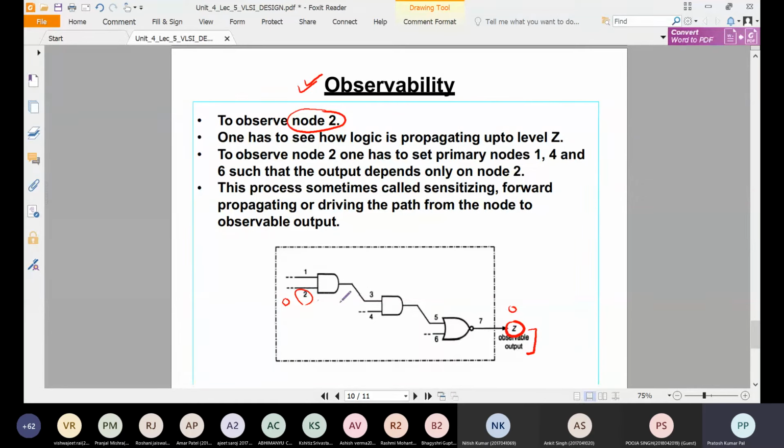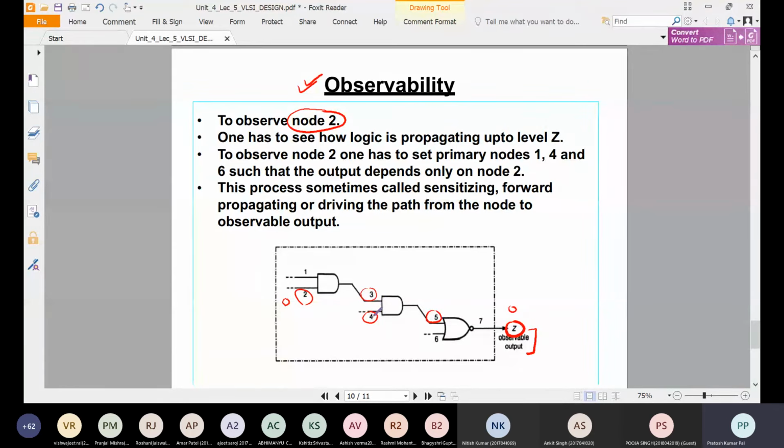So in that case, if 2 nodes are there, this 3 is controlled by 2. That means 2 can propagate to here. But from here it can propagate through these 2. So 2 can propagate through 5, but 4 may cause the value change of these 2.